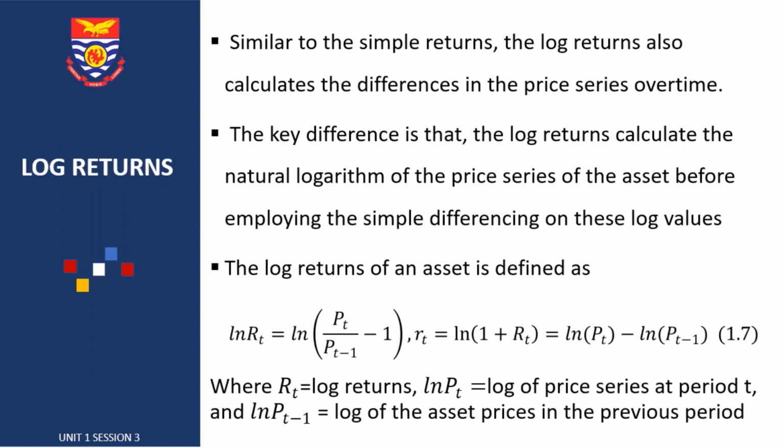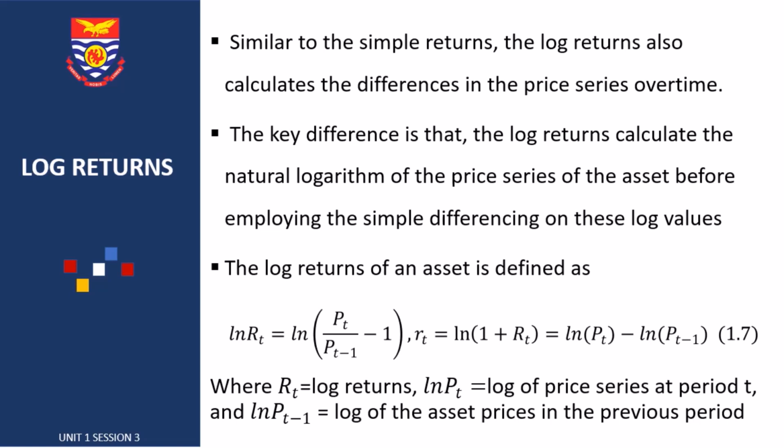Similar to the simple returns we considered earlier are the log returns. The simple returns and the log returns are mostly the same, with the only difference being that with log returns we first find the logs of the price series, as we saw earlier with the Johannesburg Stock Exchange.